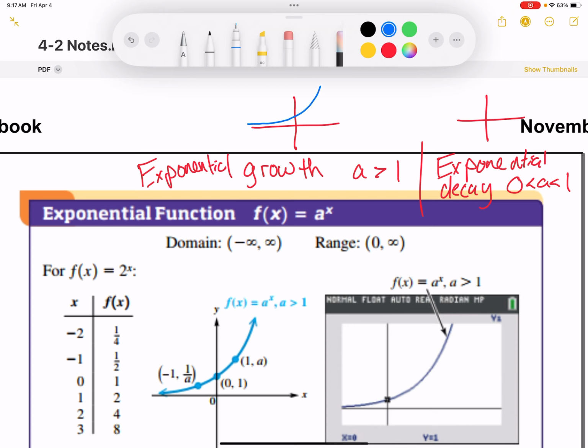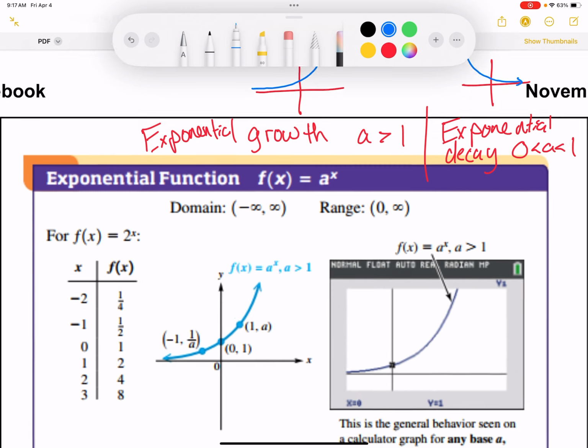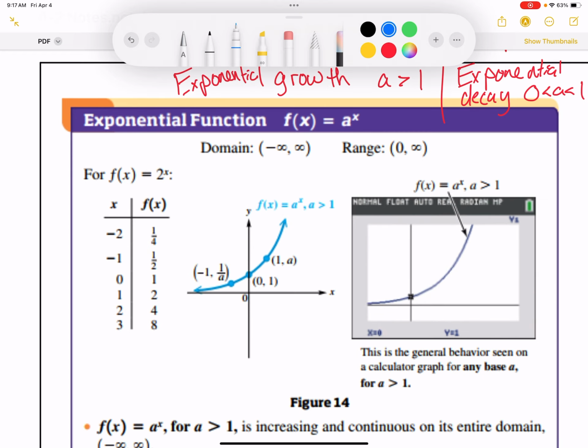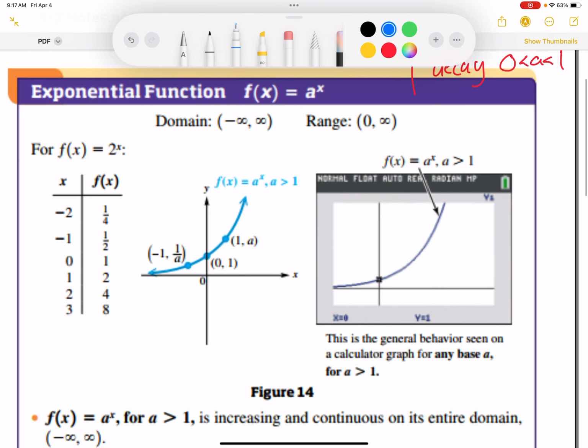It's going up, right? Exponential decay is like this, going down. All right, so this is showing us the growth model. So it's showing us, right, 2 to the x power. So since A is greater than 1, this is growth.